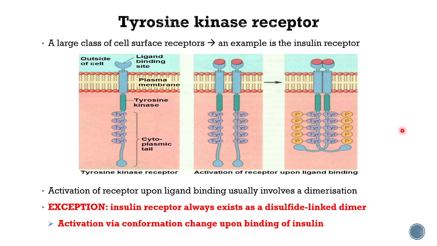So there's no dimerization, there's only a conformation change for activation upon binding of insulin. But for other tyrosine kinase receptors, for other signaling molecules, a lot of them undergo this dimerization.